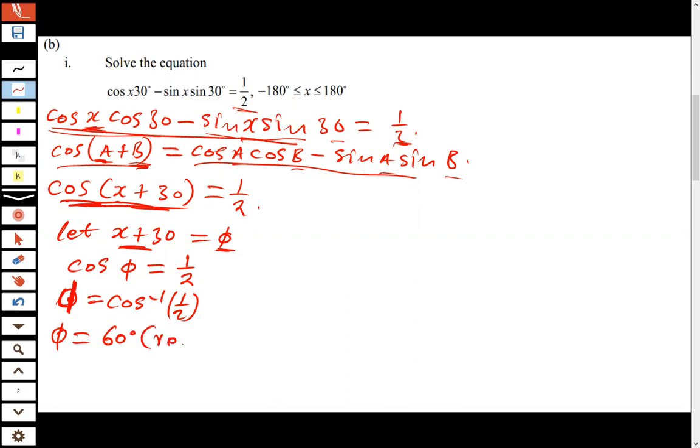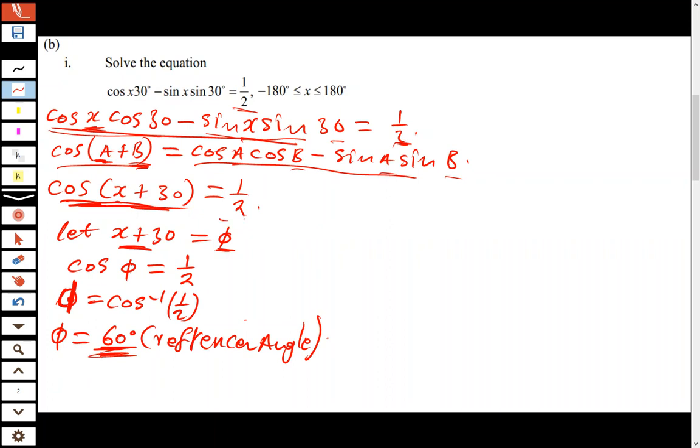So this one is what we call a reference angle. This is not the final answer. To find the final answer, we will find the quadrants in which this angle lies, or in which this trig ratio lies.